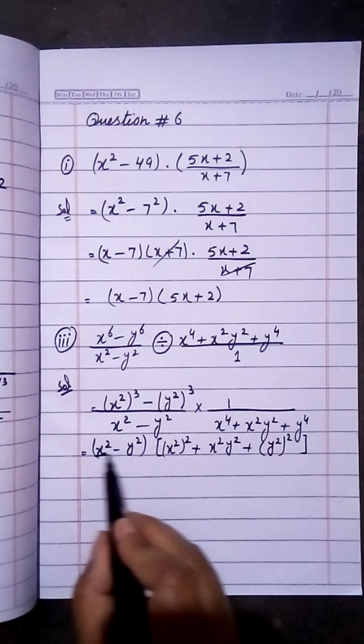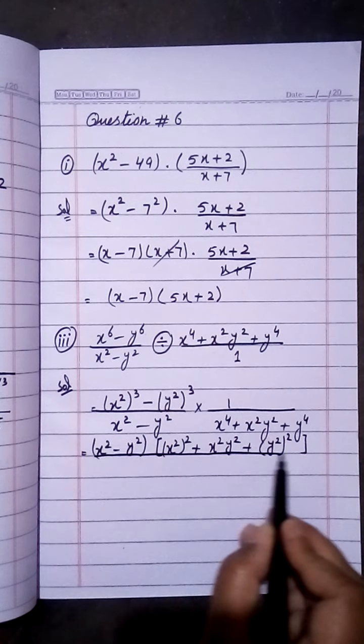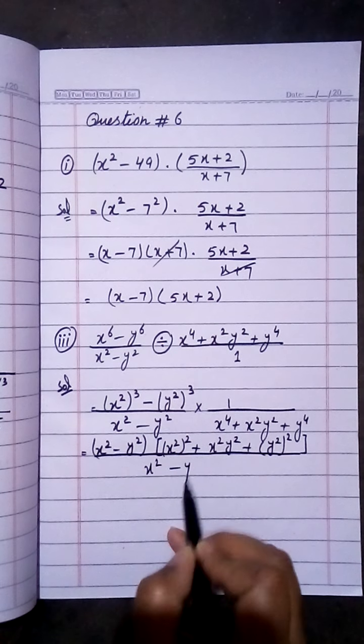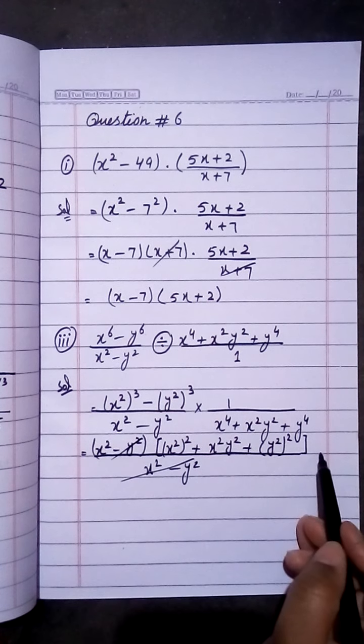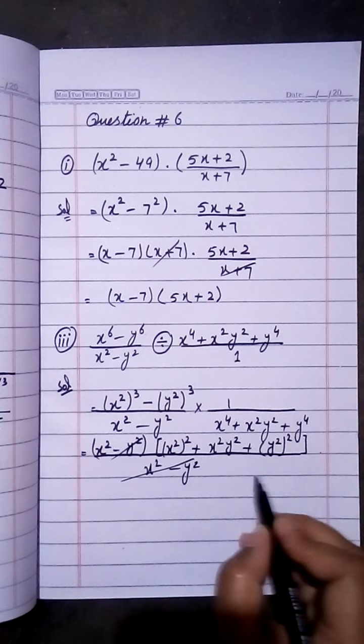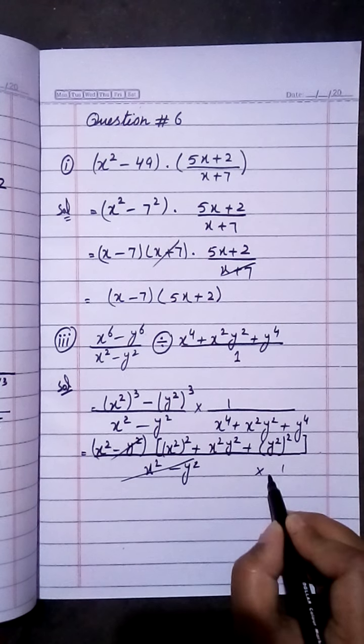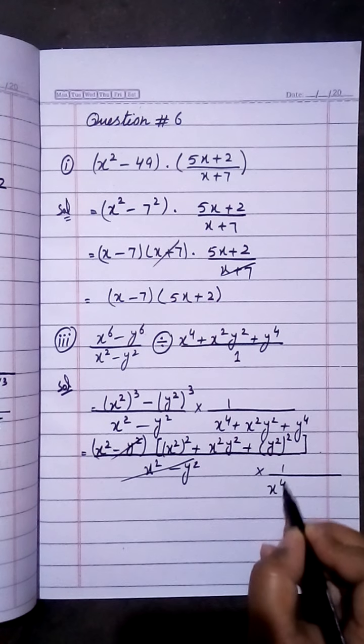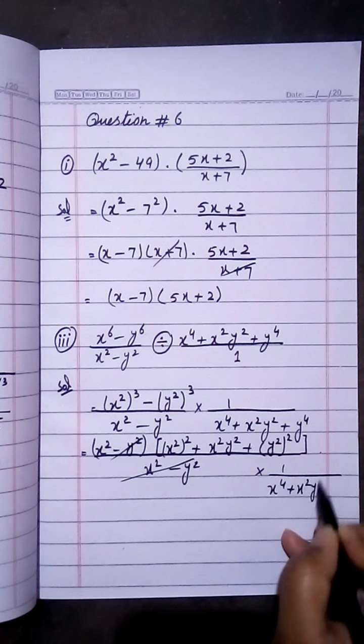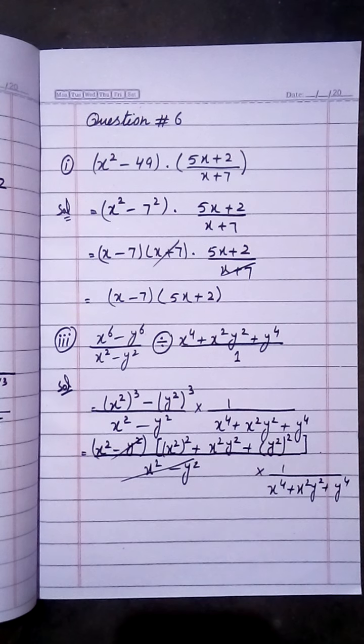Now you can write here x square minus y square. This will be cancelled. Here there is no space, so you can write it below. 4 plus x square y square plus y raised to power 4.